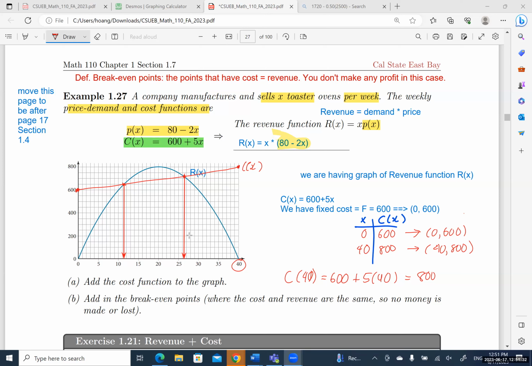I group approximately 11.5, something like that. At x equal to 11.5, something like that here.